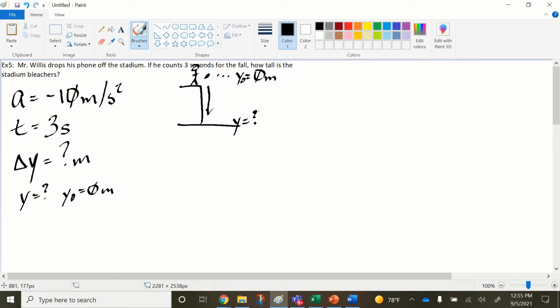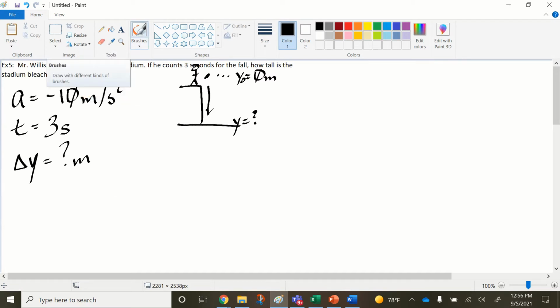Because we set its initial place at 0, and we're just looking for how far from 0 it goes, oftentimes I will just write that as delta y instead of using both y and y0, or if we're talking about horizontal displacement, x and x0.